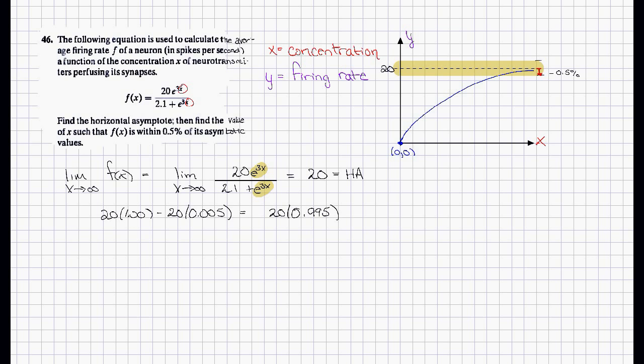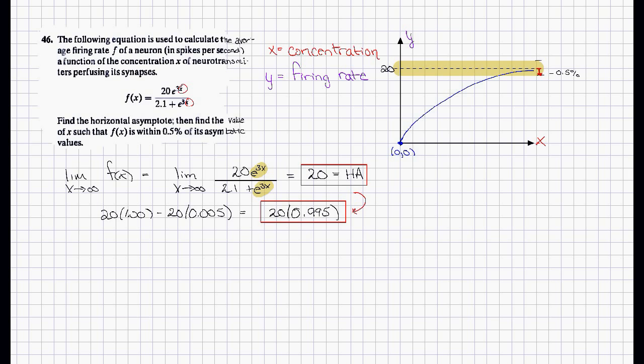So now that we have this is our value that we want to be between, and we have this is our horizontal asymptote, which is how we got that. Okay, now I want to take my function and I want to find the x values. And again, we've barely done any math. We've taken one limit here.